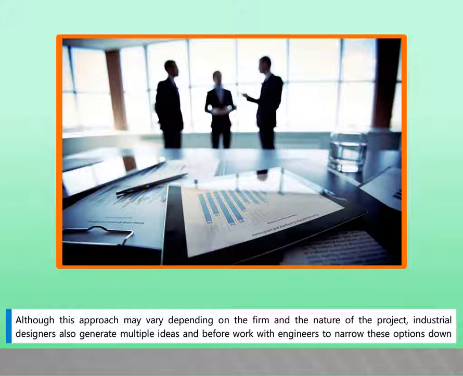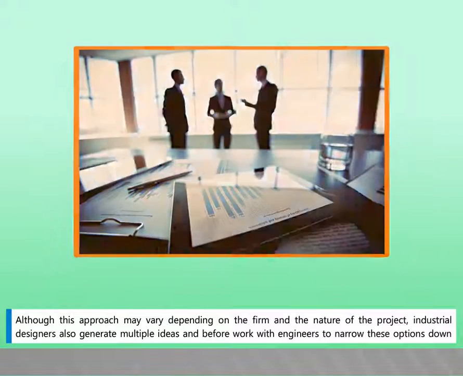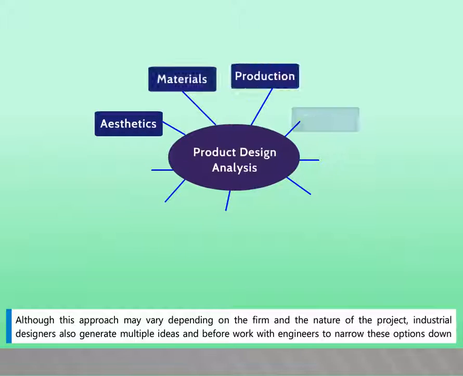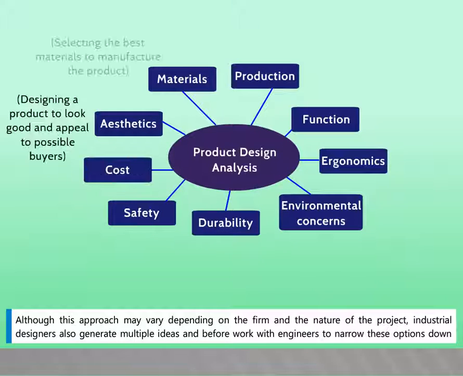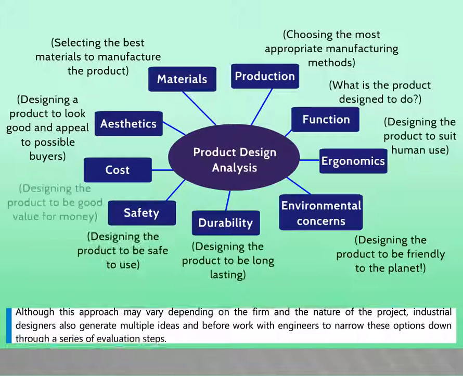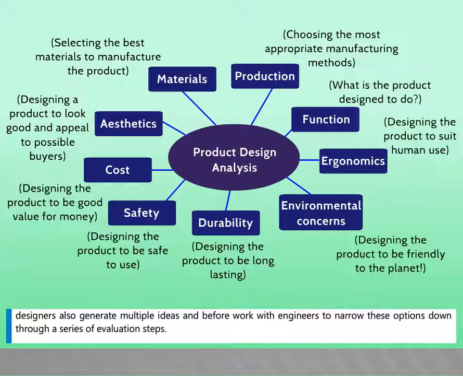Although this approach may vary depending on the firm and the nature of the project, industrial designers also generate multiple ideas and then work with engineers to narrow these options down through a series of evaluation steps.